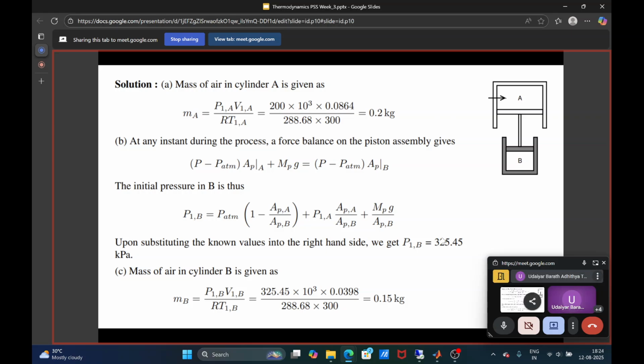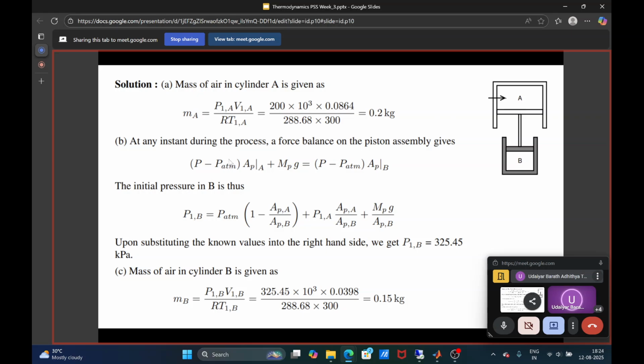The force acting in cylinder A is the pressure due to the gas inside the cylinder, which is acting downwards, and the force due to the atmospheric pressure, which is acting upwards. So that will create a net downward force.